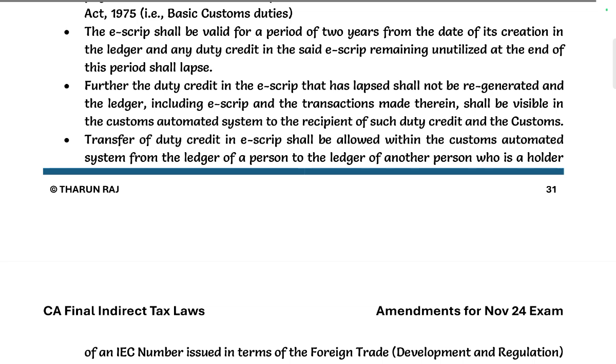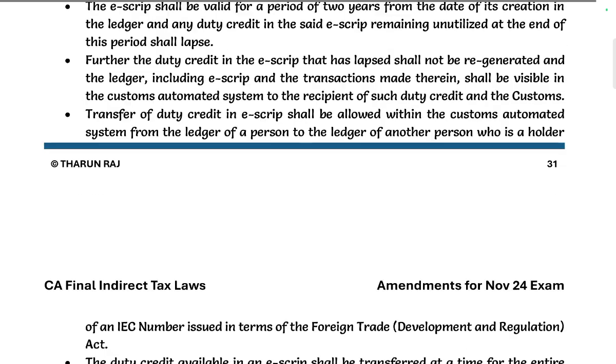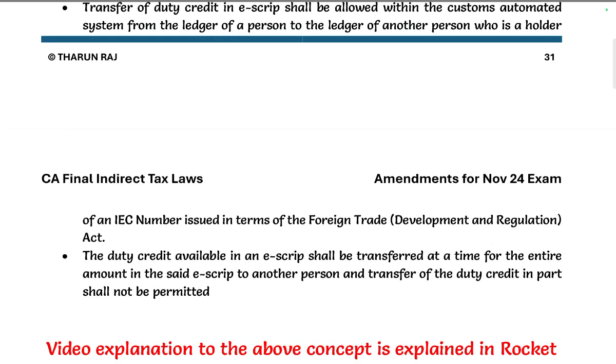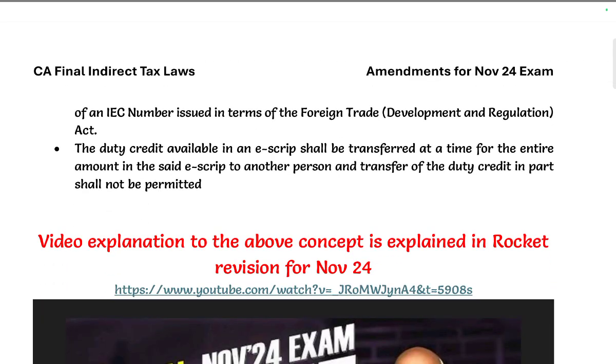Transfer of duty credit of each scrip shall be allowed within the customs automated system and the ledger to another person who is a holder of an IEC number issued by the Director General of Foreign Trade. The duty credit available in each scrip may be transferred from time to time, entirely or in part, to another person.